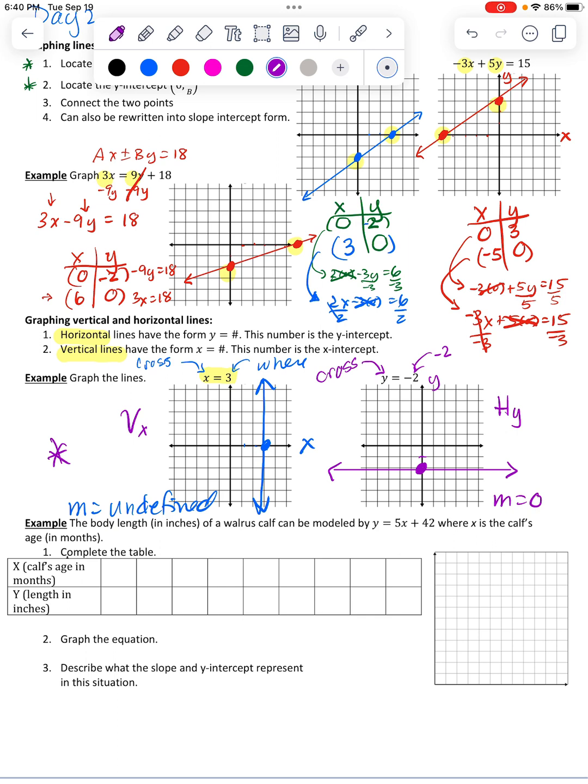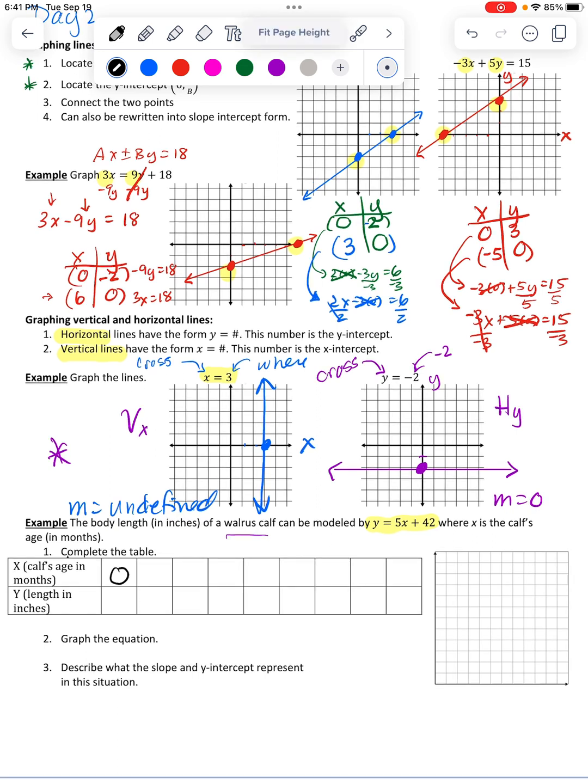So, okay, the body length in inches of a walrus calf can be modeled by this equation. Who knew? X is the calf's age in months. Okay, so let's fill in this little chart. I'm going to start with 0 because you cannot be less than 0 months old.